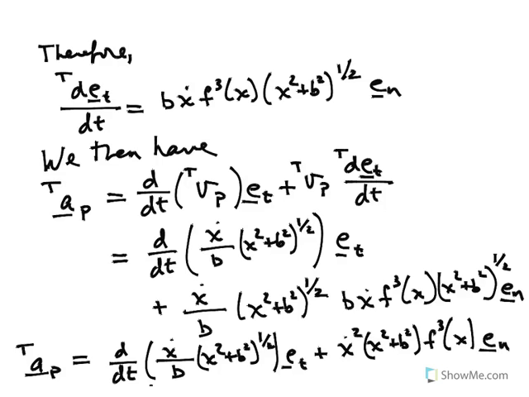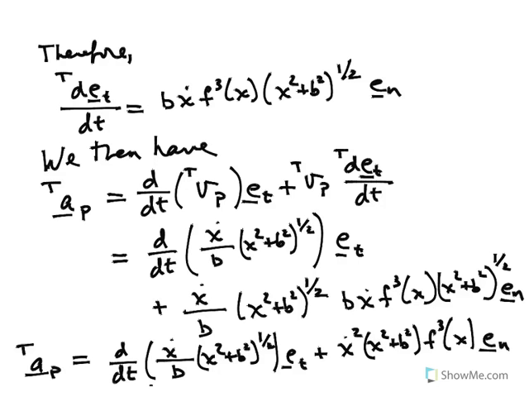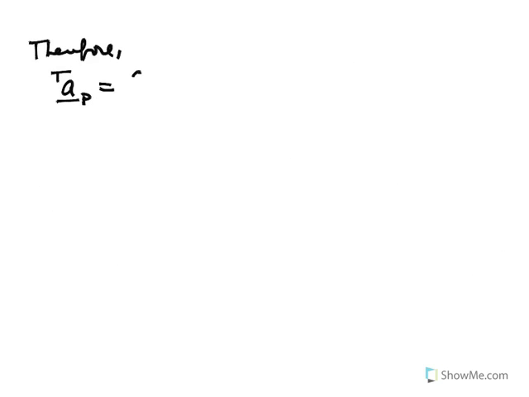Now, if I simplify that even further, I get that the acceleration of point P as viewed by an observer fixed to the track is equal to d dt of x dot over b.